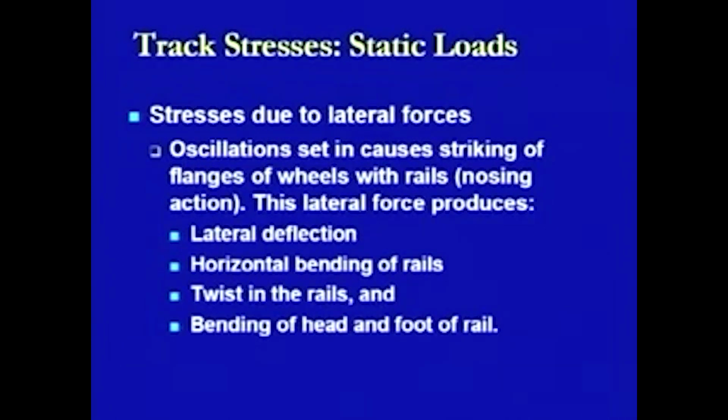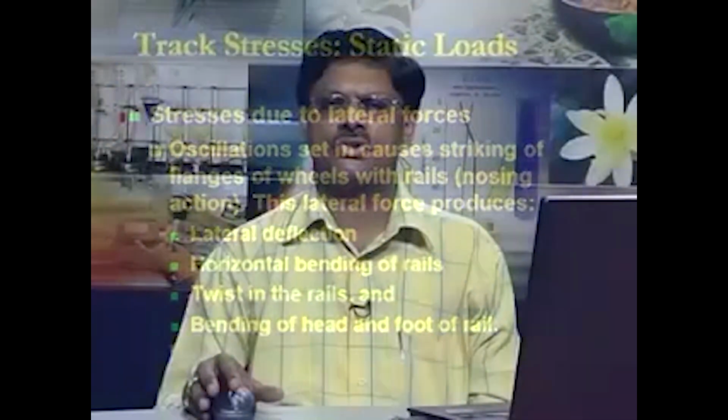Now, this is caused because of the application of the lateral force. When there is a contact between the flange of the wheel and the head of the rail, the force is applied at the top of the rail section. When this force is applied at the top of the rail section, it creates an eccentric condition as far as the foot of the rail section is concerned, because this is coming in terms of a horizontal movement.